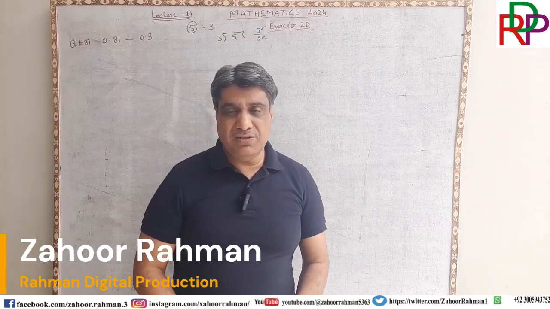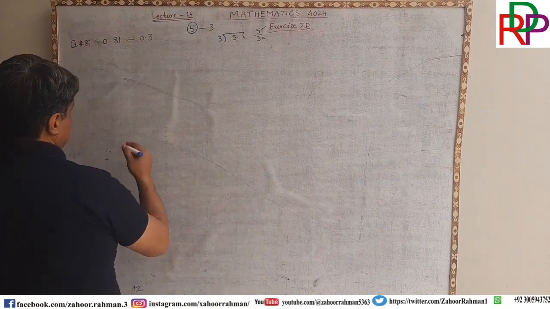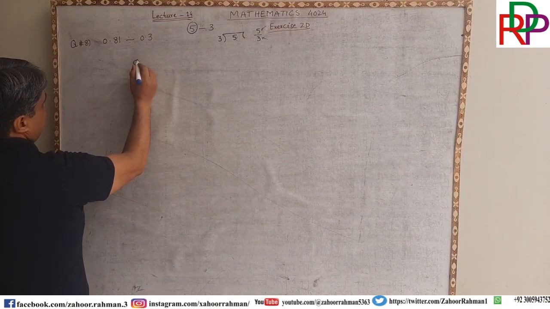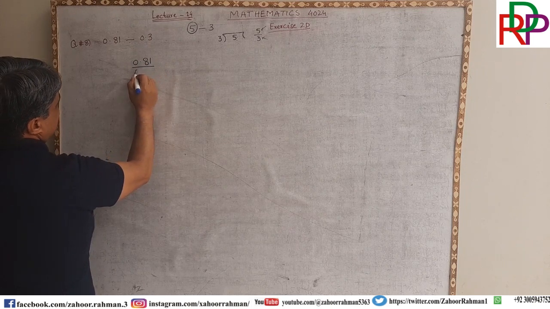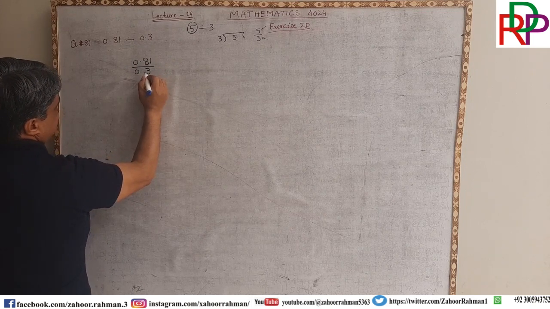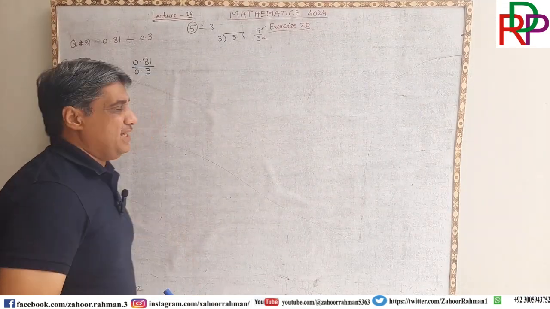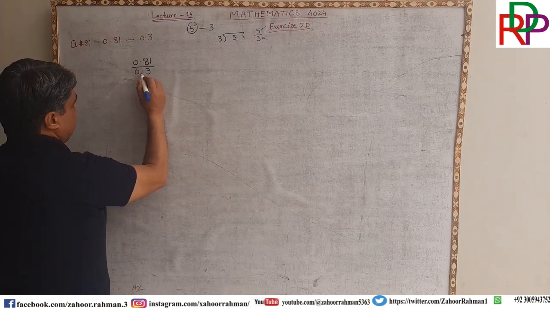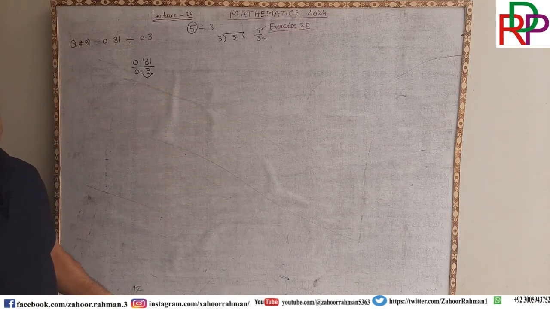Now coming to the question: 0.81 divided by 0.3. Remember, ladies and gentlemen, the method is that you have to remove this decimal. So you have to shift this decimal towards the right. It will become 3.0, which means 3.